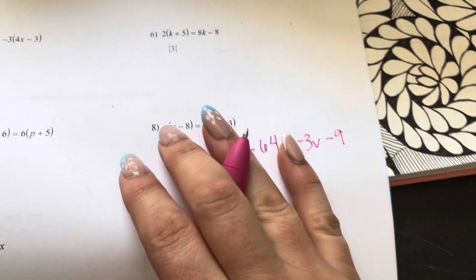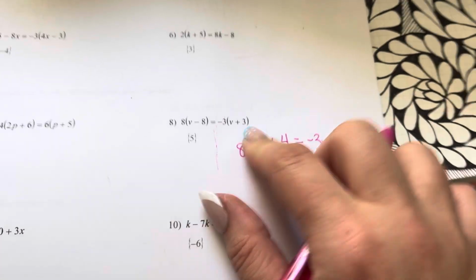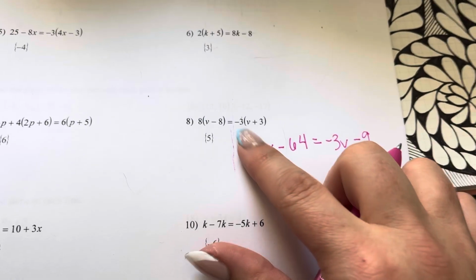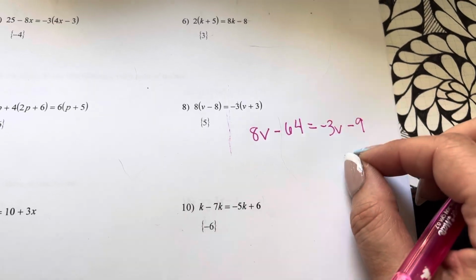So even if you feel like, well, I don't want to use my calculator, I know what 3 times 3 is. If you do not remember the integer rule, type it in. That way you know that you will get the right answer.